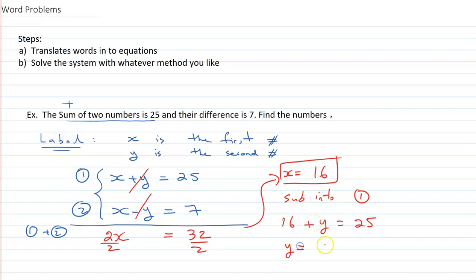What is y? y is 25 minus 16, and that gives us 9. So in terms of the coordinate, even though it's not a graphing solution, it's (16, 9). The two numbers: x is 16, y is 9. You can double check and you'll get it.